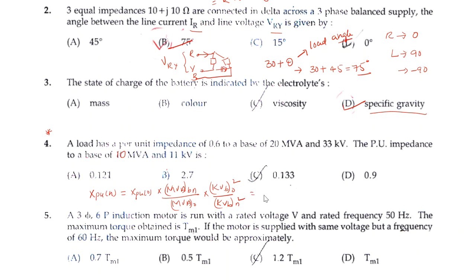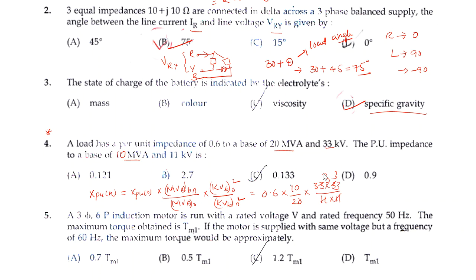It is 0.6. So 0.6 into MVA new base value, which is 10, divided by MVA old value, which is 20, into KV base old value 33 square, divided by 11 square.